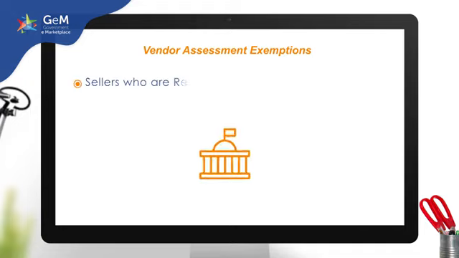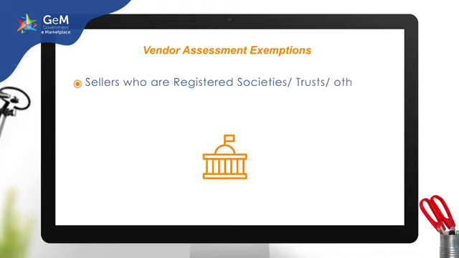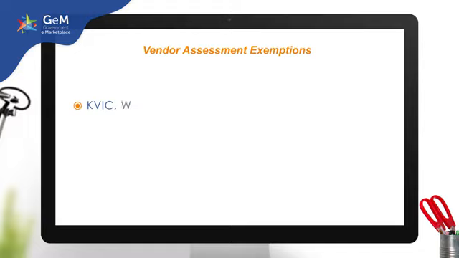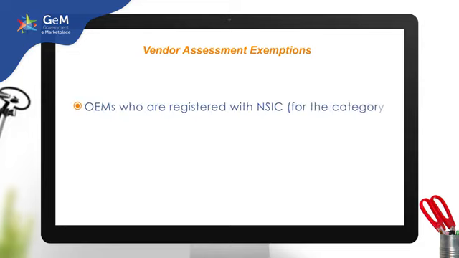Sellers who are registered societies or trusts or other bodies, if these concerns have government representation: KVIC, WDO, COIR Board, TriFed. OEMs who are registered with NSIC for the category for which registration was obtained.